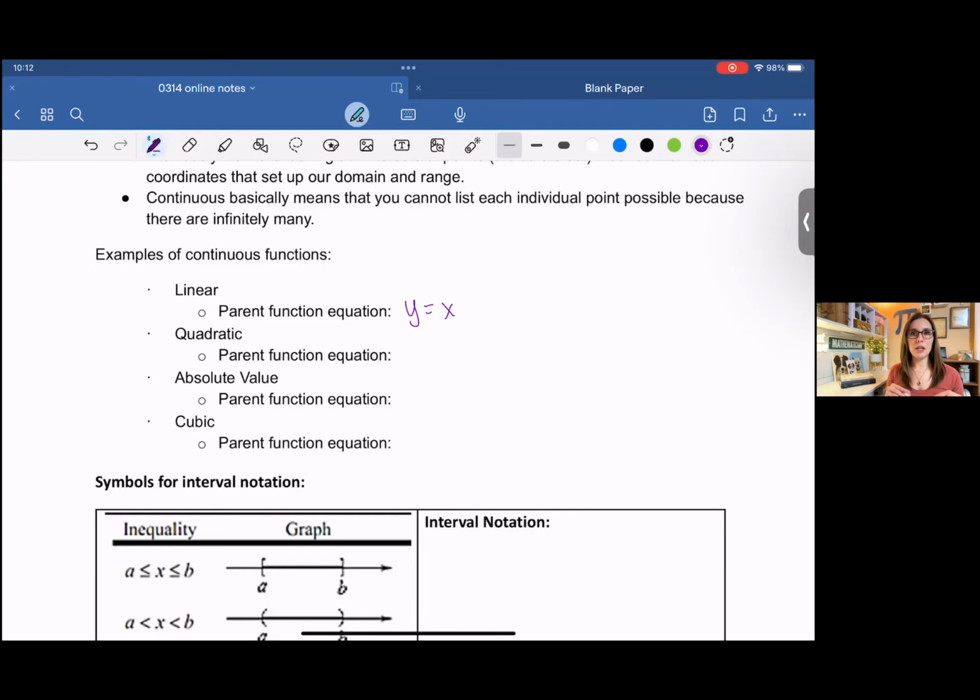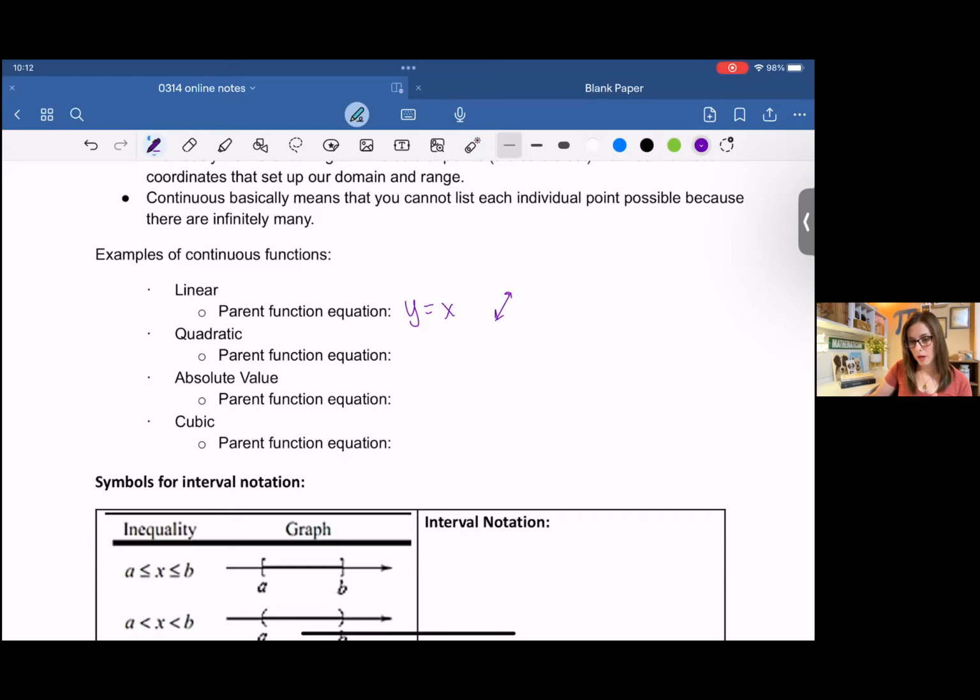You might see the child function, I guess you would call it, which can be anything like 2x, 2x plus 2, 3x, 3x plus 4, 1/2 x plus 5. It can be anything, but the parent function in its simplest form is just x. And that's a linear function, and it's literally just a line.